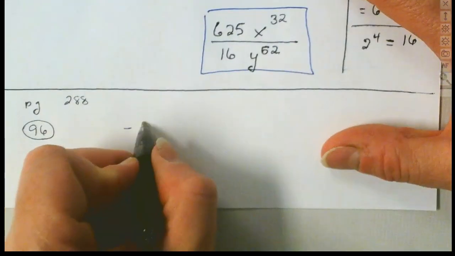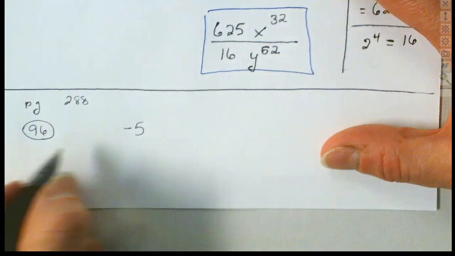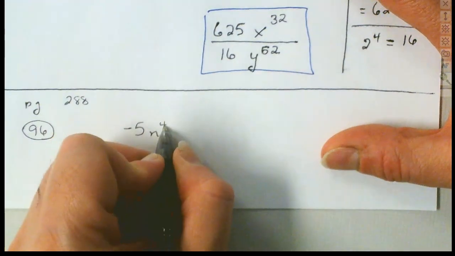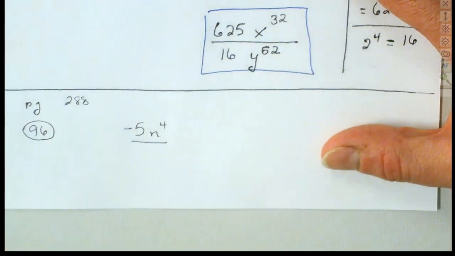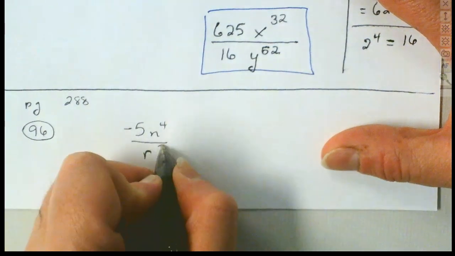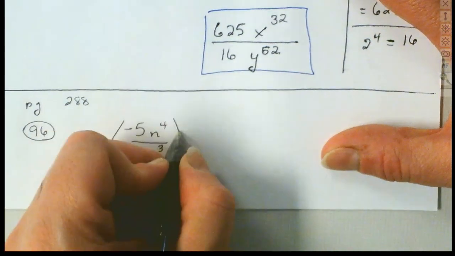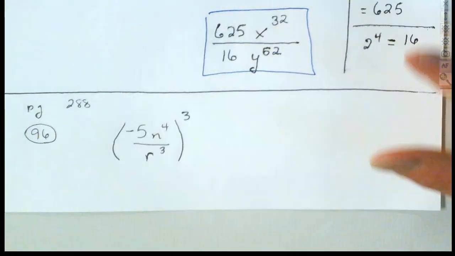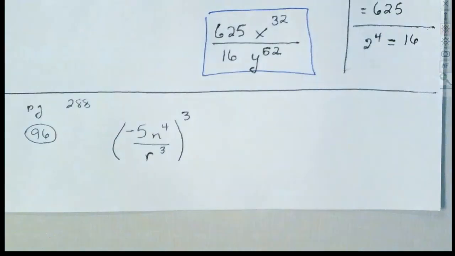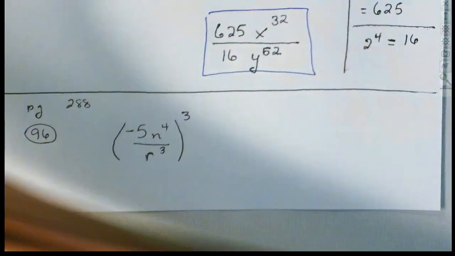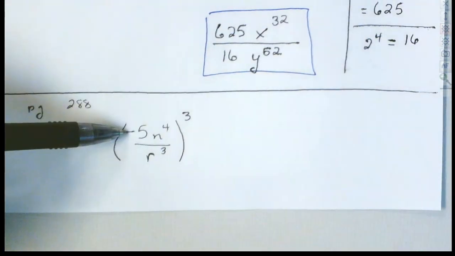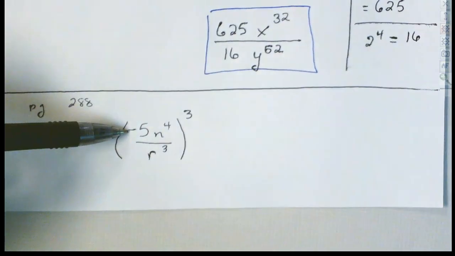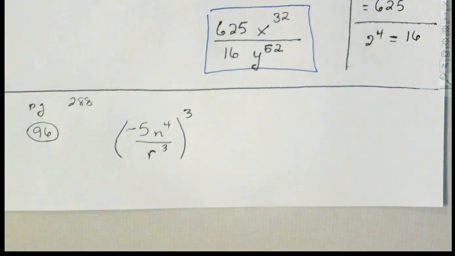And we've got a minus 5 into the 4th power over r cubed, all raised to the 3rd power. We need to be very, very careful with this negative 5 here. You've got to be very careful with those signs. So we've got parentheses.